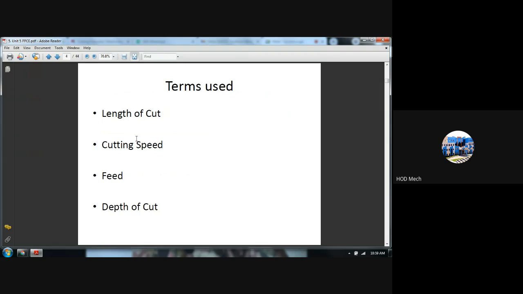Now, when you look into the terms or the parameters that are considered for machining, it is mandatory that you should be able to define them. Because when you go into an industry or a production or a shop floor or even into quality, basically they look for the fundamental understanding of these parameters.